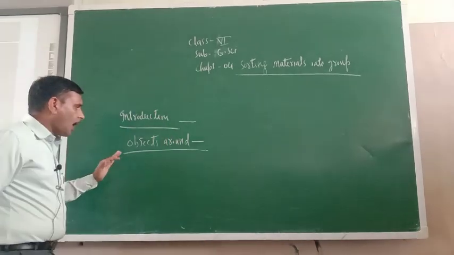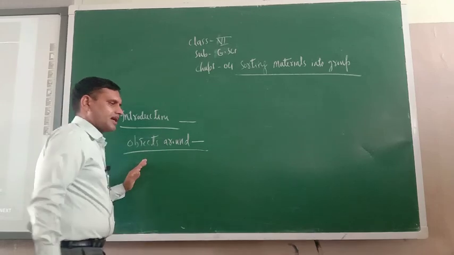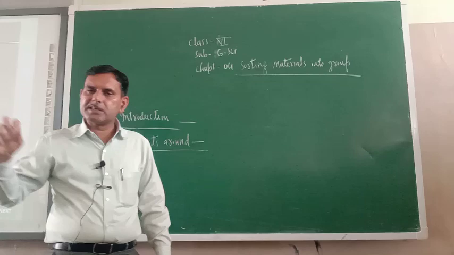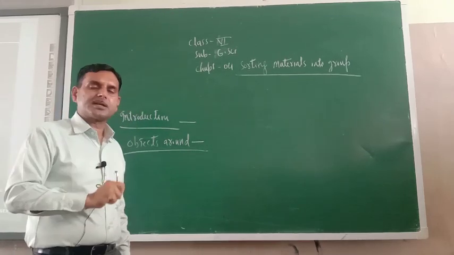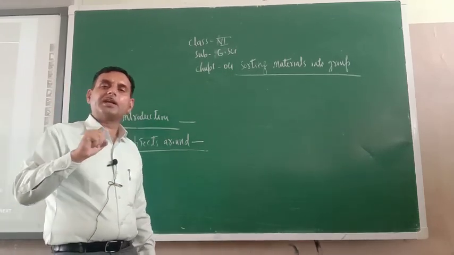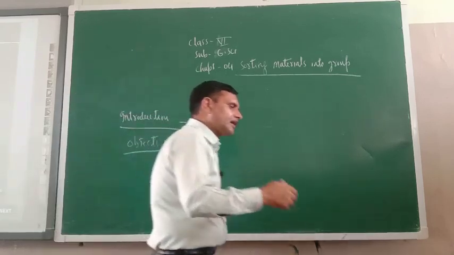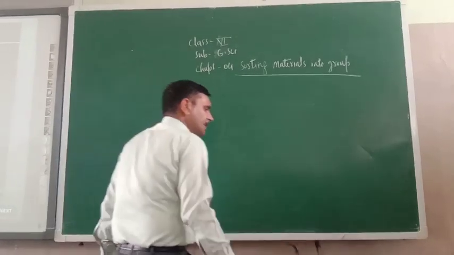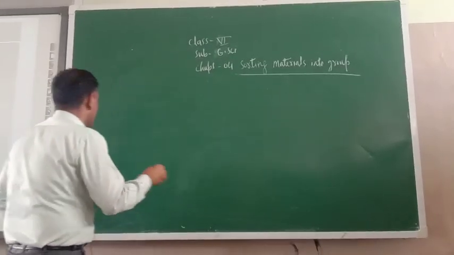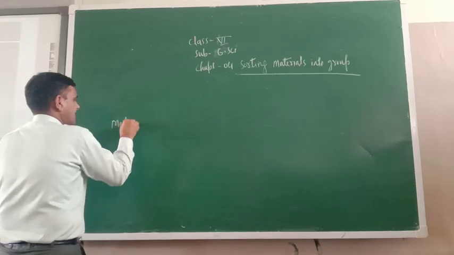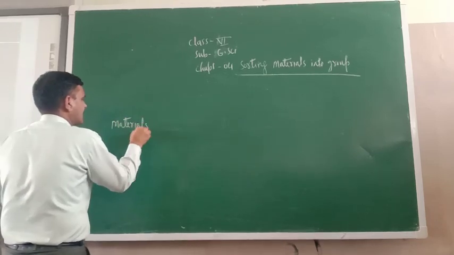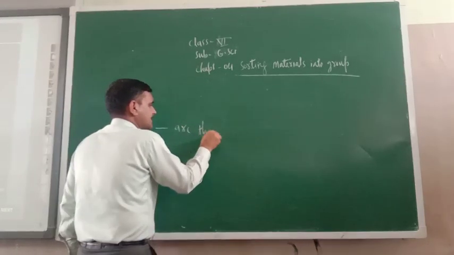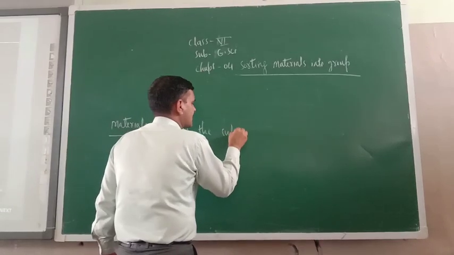After objects around us, let us see one thing. Whatever objects we are observing in our surrounding, can we call them material? So the question arises here: what are materials?